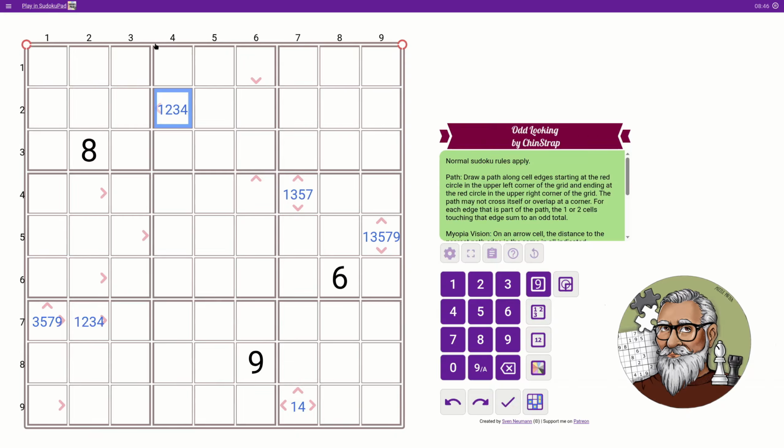Again, I don't know that the path is gonna pass from this side, so no. The same applies here. Again. What about this one then? This one is interesting. If that is 1, then this is 2 or 3, right?